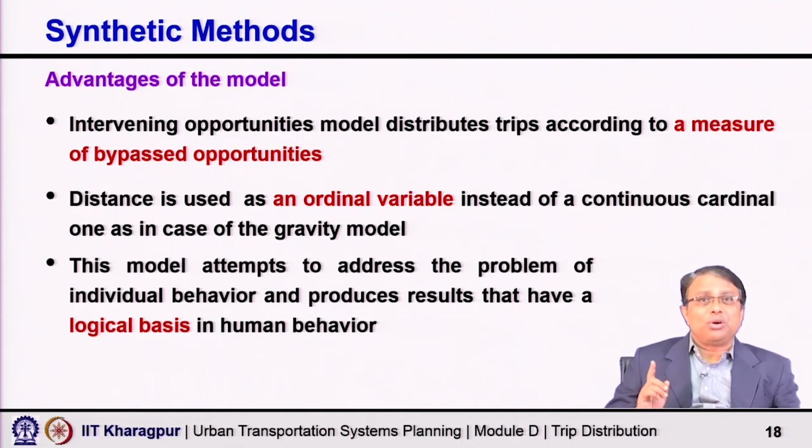Distance is used as an ordinal variable, and this has a logical basis, as we gave you an example, that if there is a natural calamity and you want to shift people, you want to shift them to a nearby area only, which is safe. Of course, if it is possible and there are opportunities, you would like to shift them nearer rather than to a far distant place.